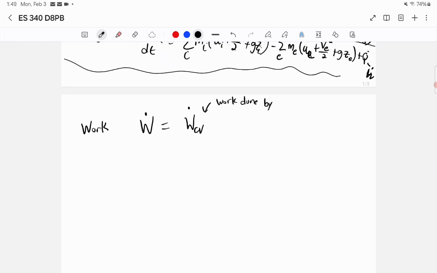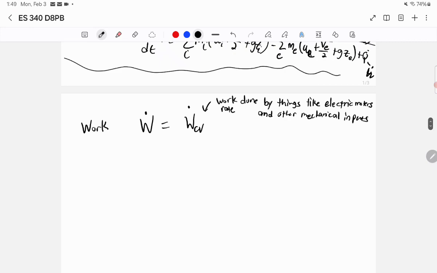But we'll just keep thinking of this in terms of work because it's easier to discuss it that way. Work rate, I should say, done by things like electric motors and other mechanical inputs. But there's also going to be work related to the fact that we just have this flow. So this is one part of that, plus a term like this.